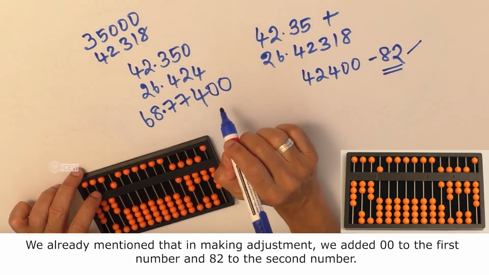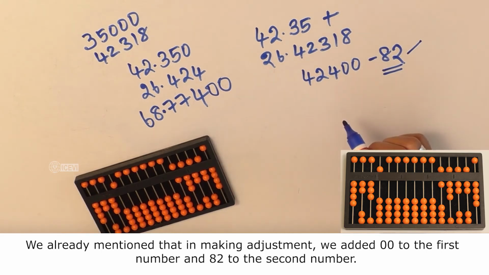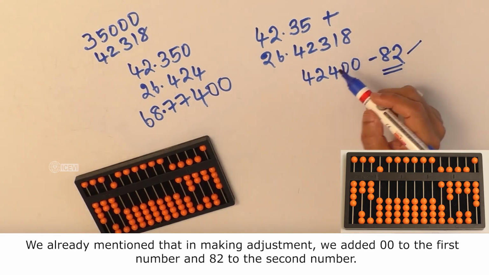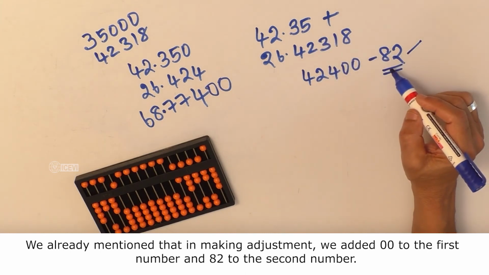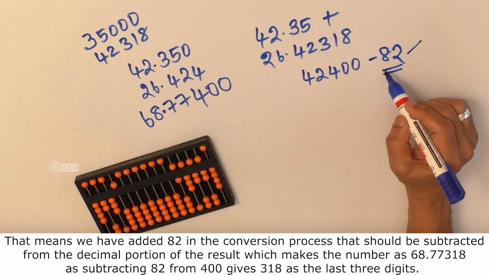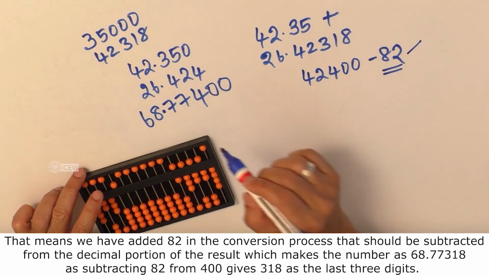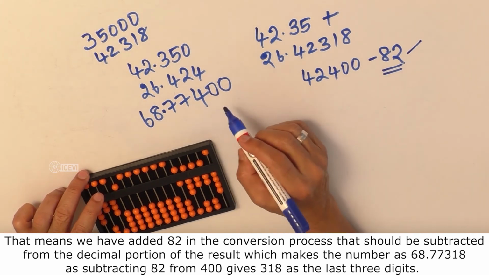We already mentioned that in making the adjustment, we added 00 to the first number and 82 to the second number. That means we have added 82 in the conversion process.